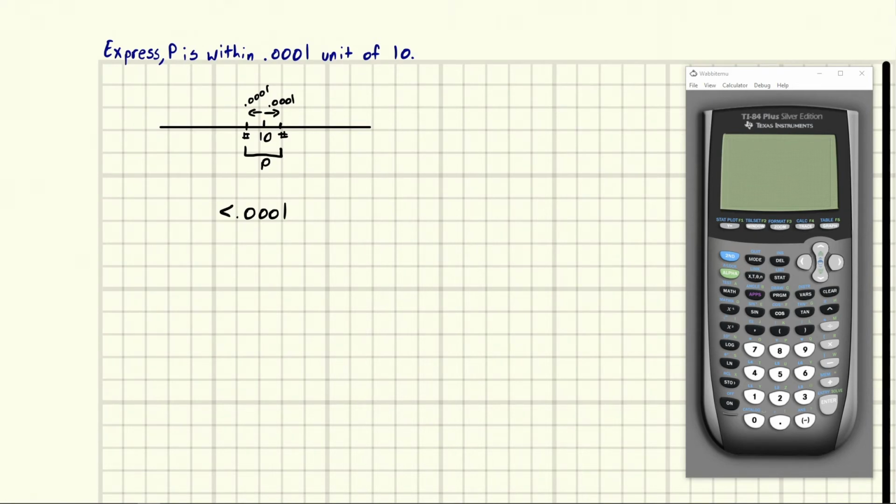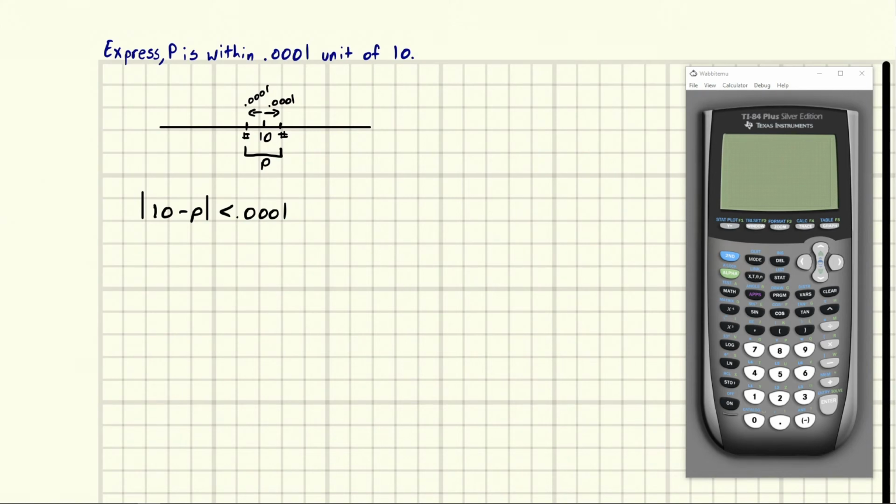And what we're saying is that 10 minus P, the distance between 10 and P, should always be less than this total distance. This is the most distance you can have. And we're going to have an absolute value here, right? Because we can be above this distance or we could be below this distance. And since we could be above or below the distance, we're going to have an absolute value.